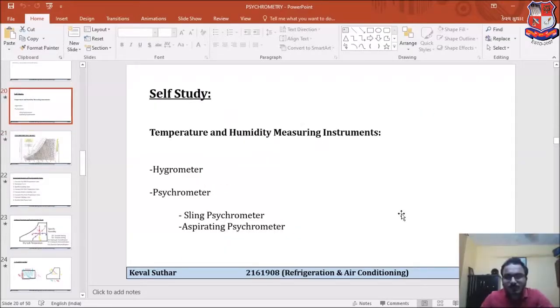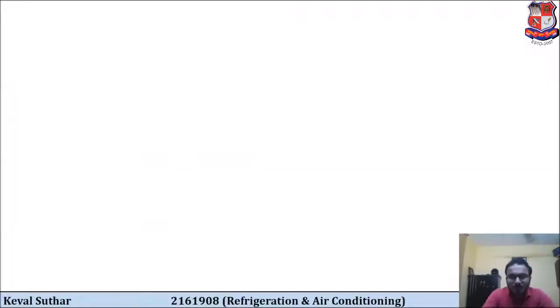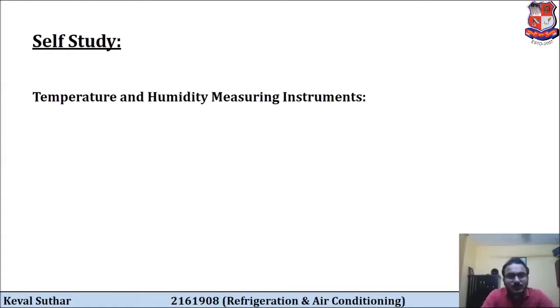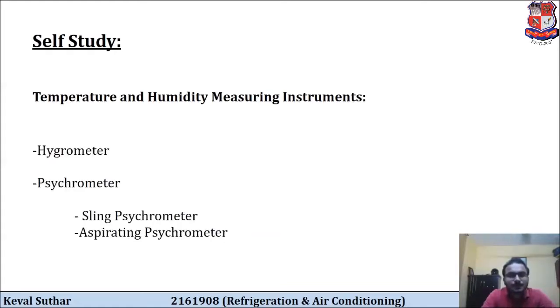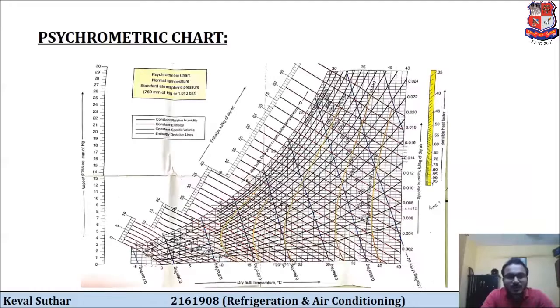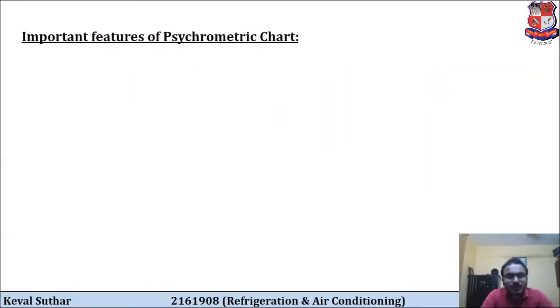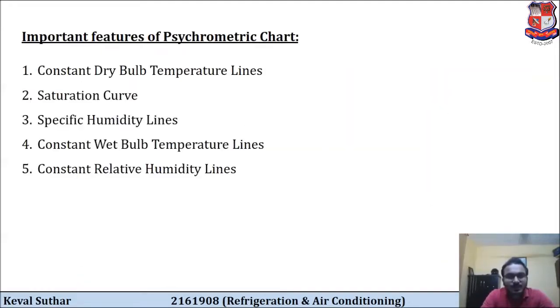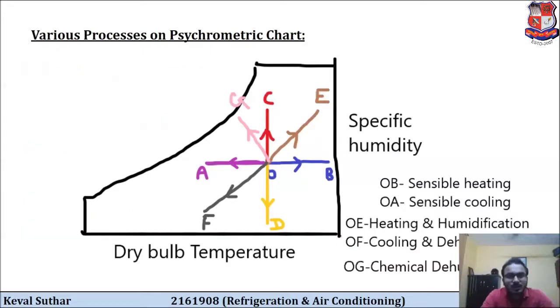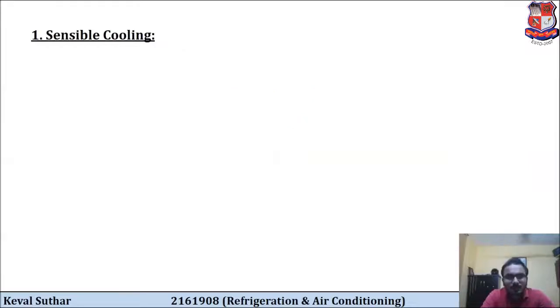So we will have some revision of our previous lecture. I gave you one topic of self-study and I hope that you are done with this right now. Then we studied about psychrometric chart in detail, then important features of psychrometric chart, then various processes on psychrometric chart.